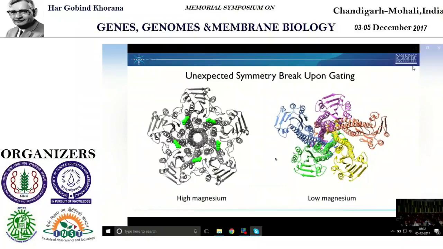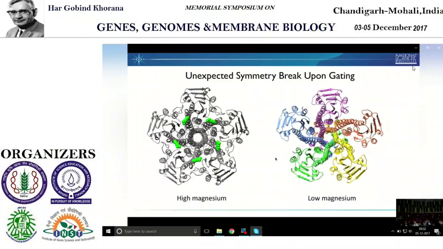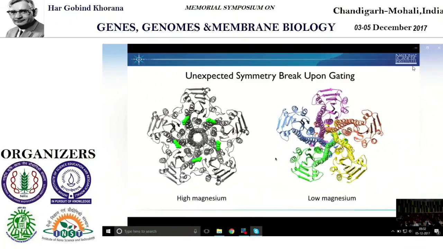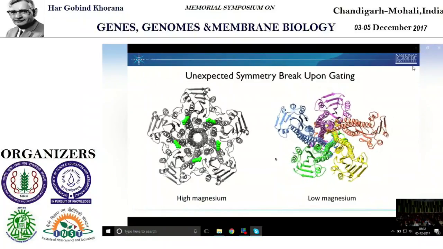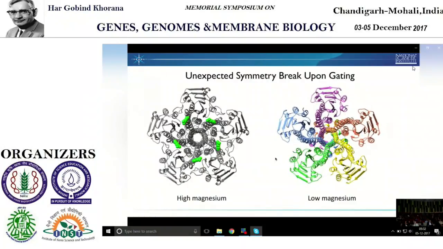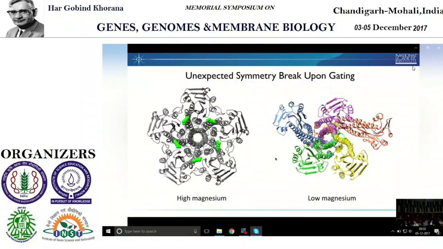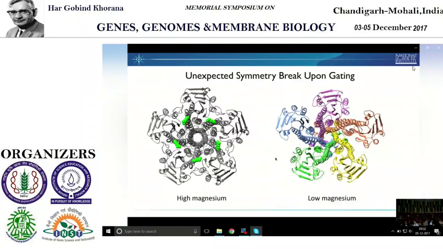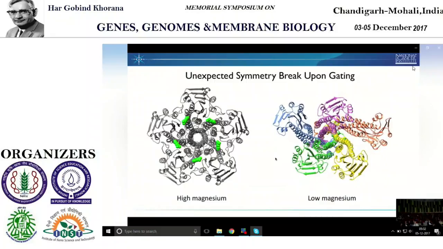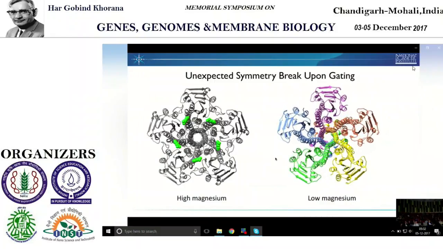Ever since Rod MacKinnon's work, many of us were conditioned to think of symmetric opening and closing events in ion channels, or perhaps small changes. But now that we've removed the constraints of a crystal lattice, I think it could be a paradigm shift in terms of the extent of change that ion channels display when they're in the context of a membrane, but without the context of a 3D crystal.